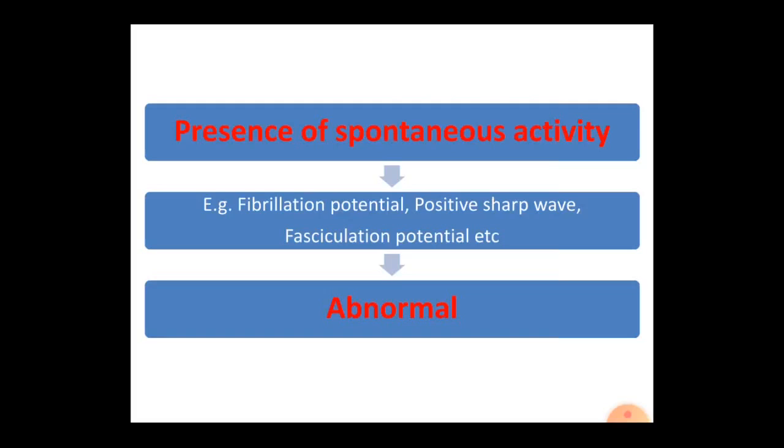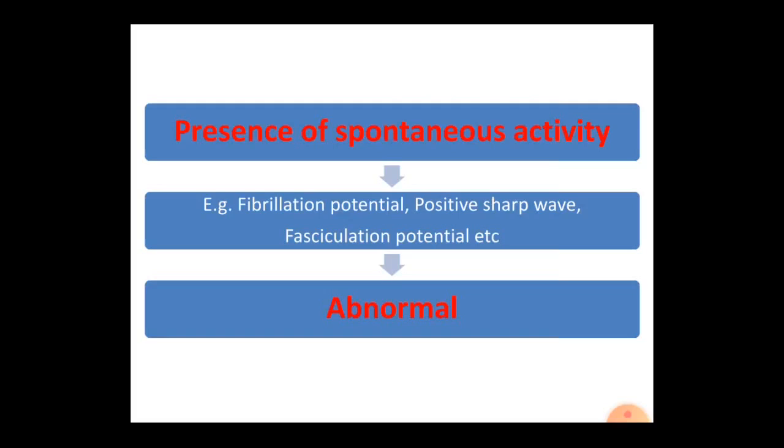Now generally it takes almost 3 weeks for this spontaneous activity to appear, okay, and if the abnormality is existing after 6 months in the upper limb and after 18 months in the lower limb, spontaneous activity will not be visible.